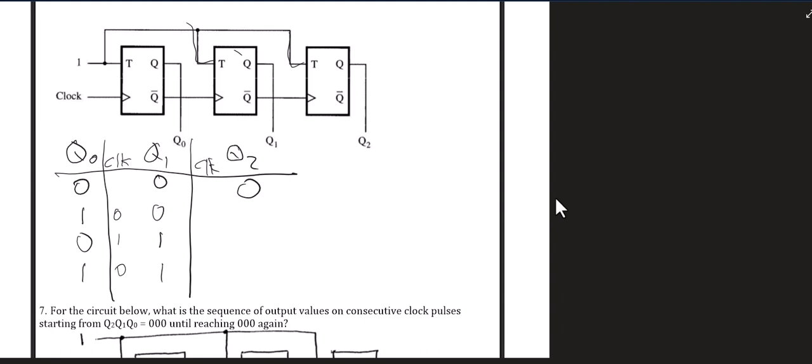Okay, so now let's look at this last one. I don't know that it's said to look at the last one, but I think it'll help. Originally Q was 0, which meant that Q bar was 1, and since Q bar was 1, that meant our clock was 1, which means that we'll have a toggle.